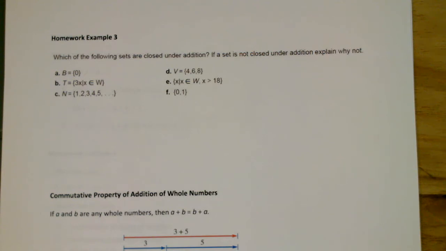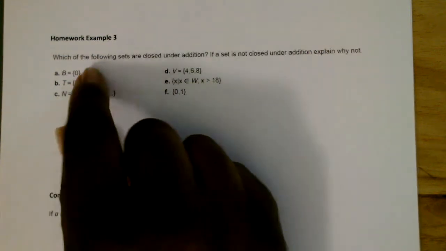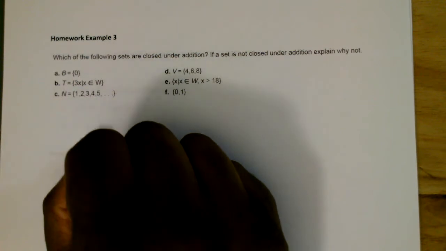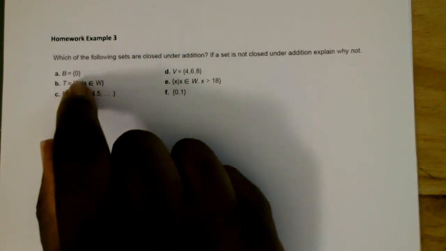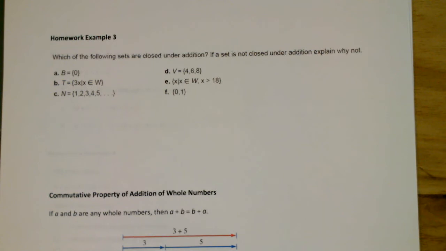I want to determine if that's closed under addition. And what that means here is this. If I take the sum of any two numbers, that sum has to be in that set. So like we only have 0. Well, 0 plus 0 is 0. And 0 is in that set. So this is true.